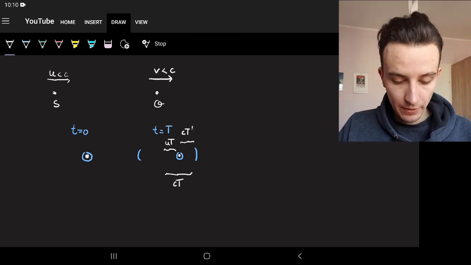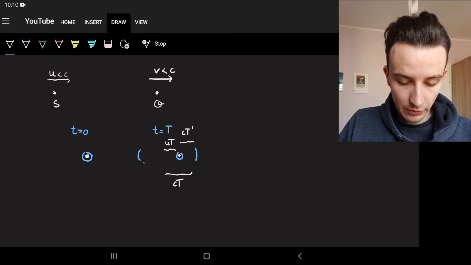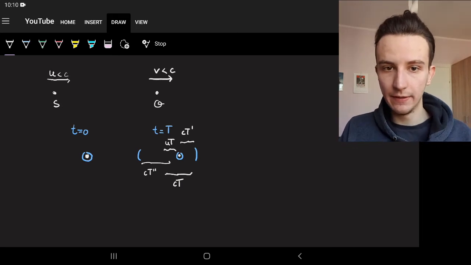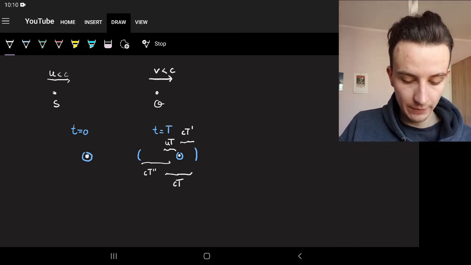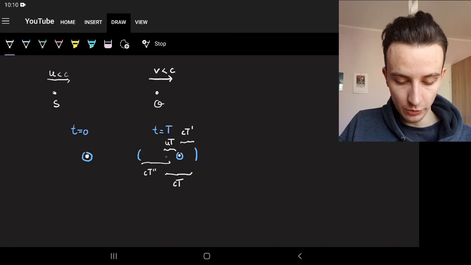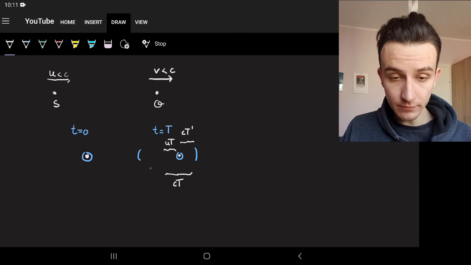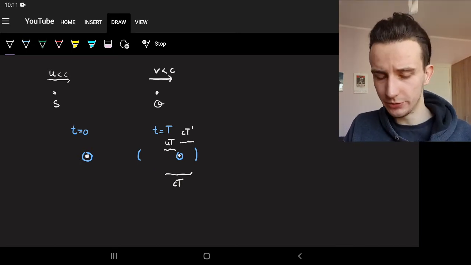Let's use prime. And obviously over here, we would also have a cT prime or some other cT prime. So we could call it cT double prime. That would be the apparent change in the other direction. But in this case, u would be negative, right? It's a symmetric problem, or rather anti-symmetric because u goes to minus u.